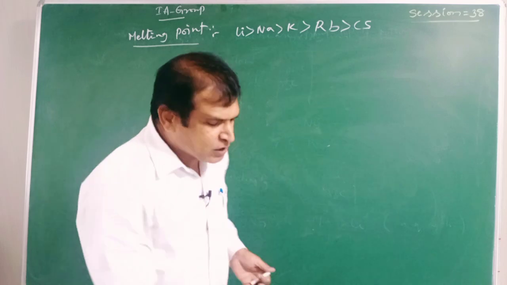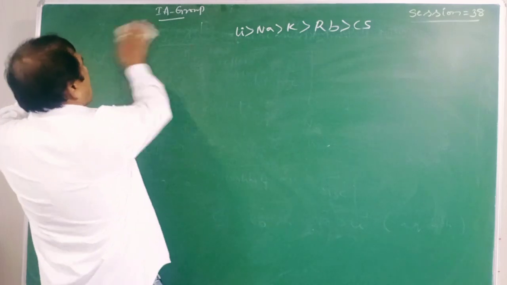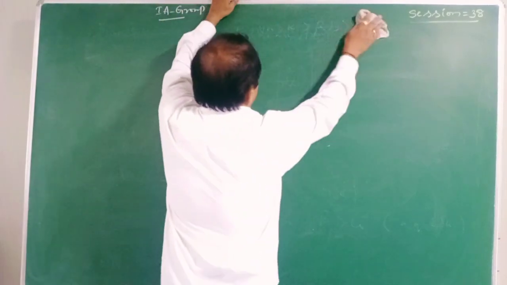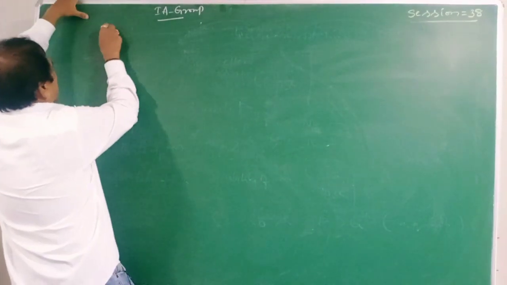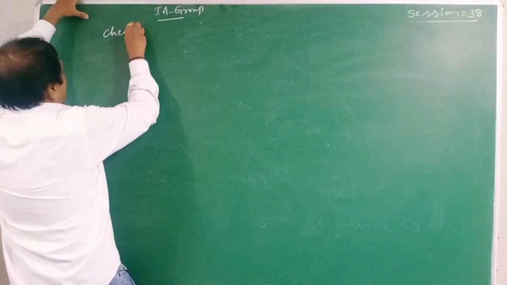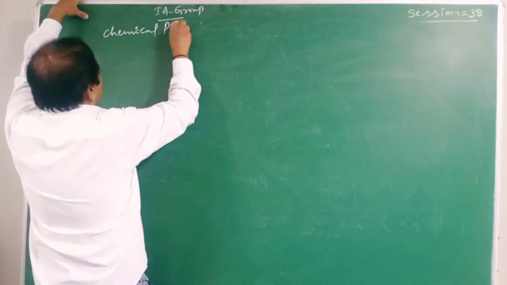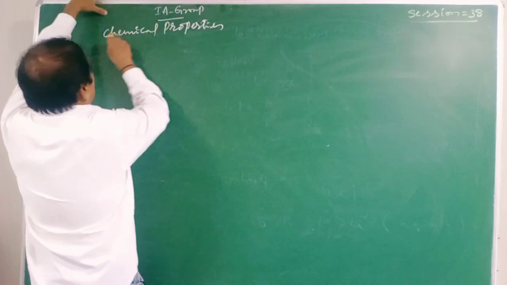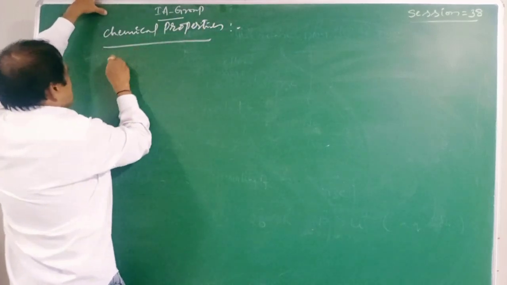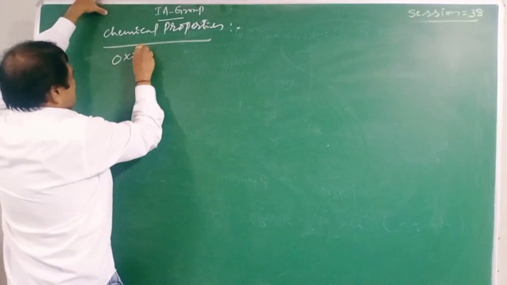Now let us go with the chemical properties of alkali metals. First one is oxides.